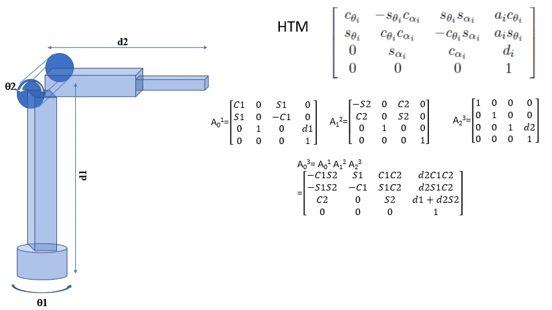Once you have this x, y, z, we are ready to derive the Jacobian matrix for this particular problem. So let's do it. We can say that x equals d2c1c2.